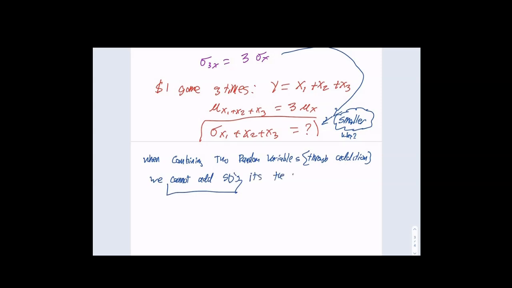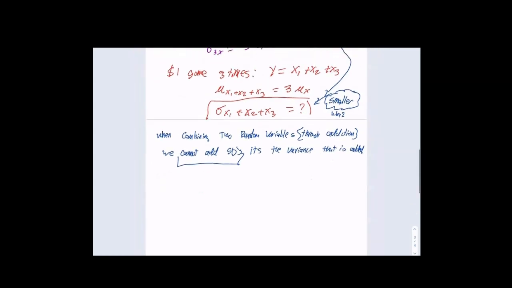It's the variance that is added. So what's interesting here, and this is basically what it says, is that the variance of x plus or minus y is equal to the variance of x plus the variance of y.